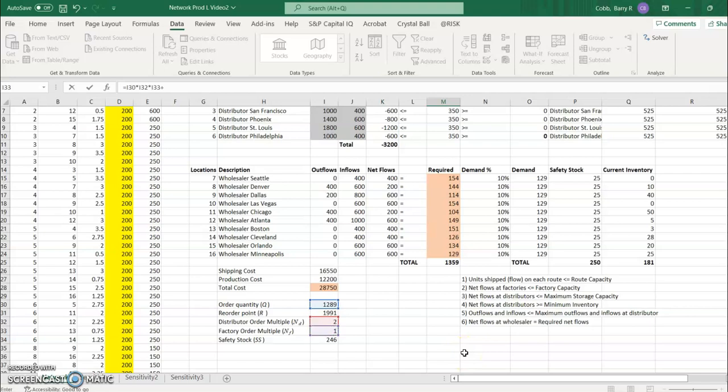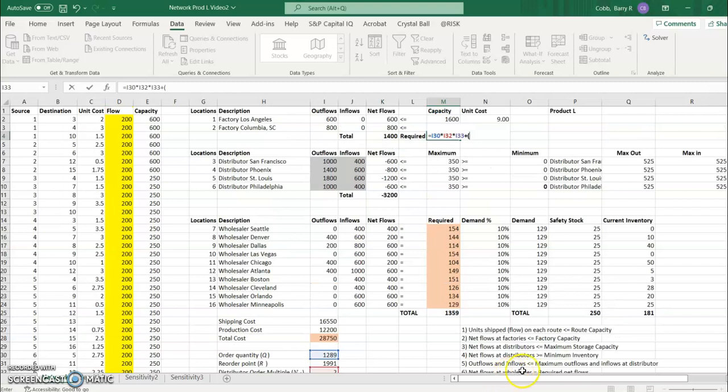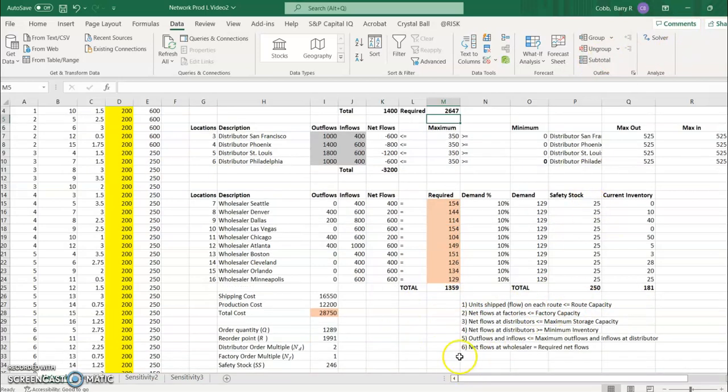But then they're also going to produce in order to satisfy any additional safety stock that's needed. So that would be the safety stock minus the current inventory. So this is the required production level for the factory. And so we'll enter that as a constraint in Solver.